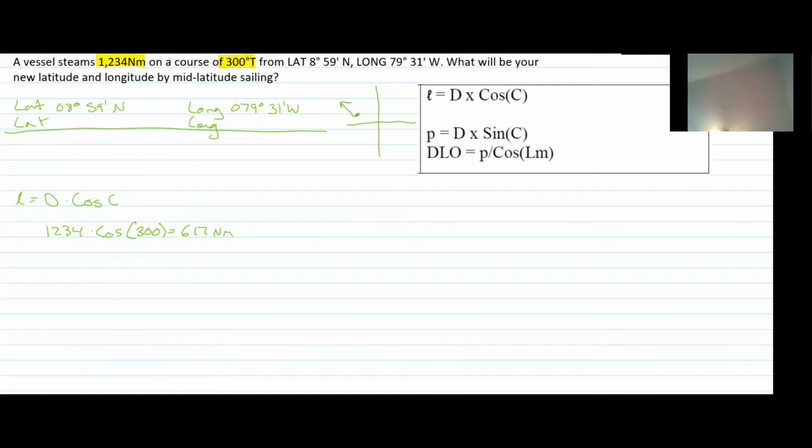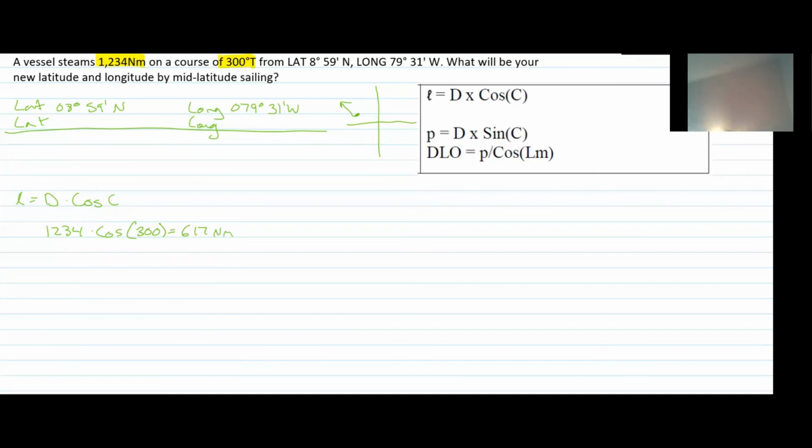The next step is to convert the 617 nautical miles to degrees. So what would you have to do that? You will either have to multiply or divide it. We will be dividing it because 1 nautical mile is the same as 1 minute of latitude. And there are 60 minutes of latitude in 1 degree.